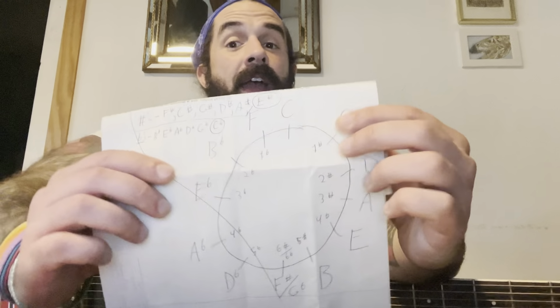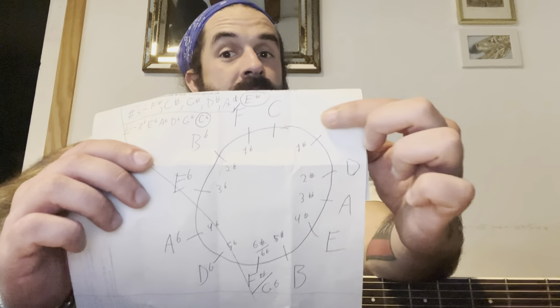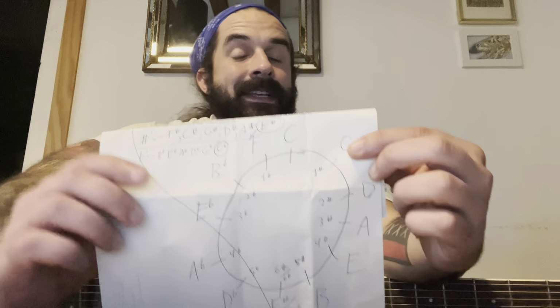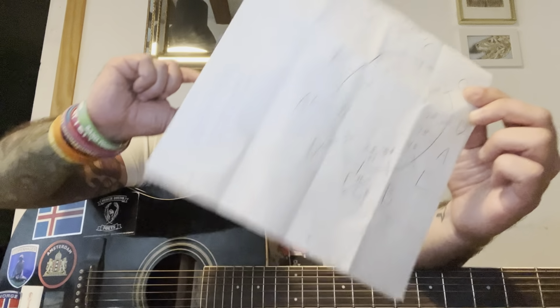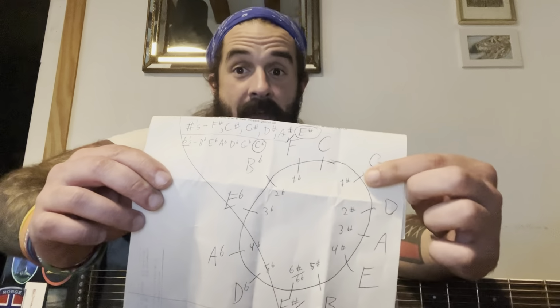Now, the pattern that's actually happening when we're moving up in those sharp keys is, if you notice, I have C. When I go up to G, the first sharp that's added is the seventh of G, F sharp, right? One fret, if you're using your guitar, one fret behind G is my F sharp.